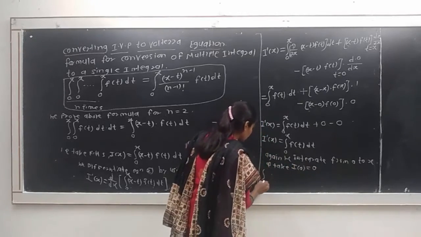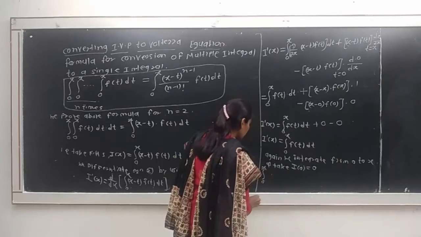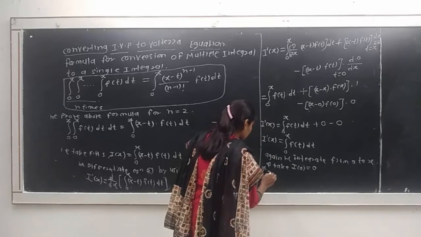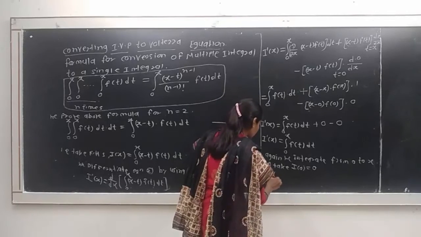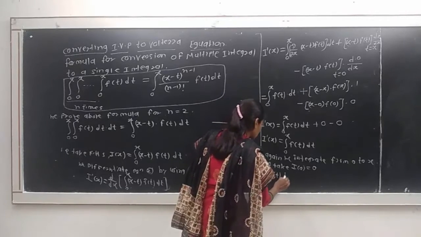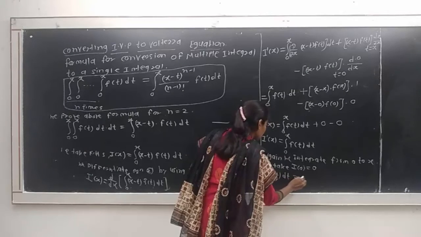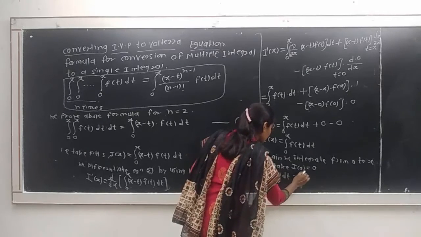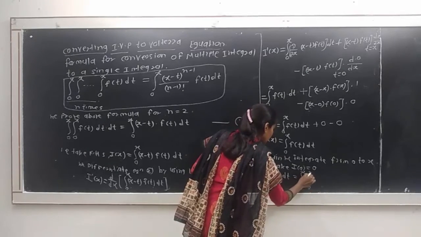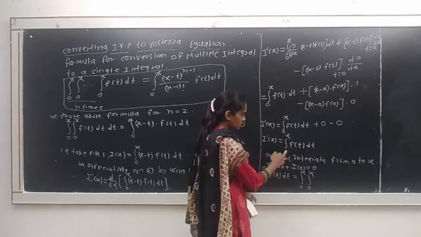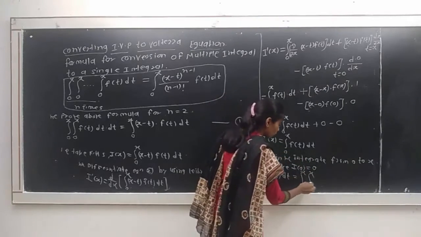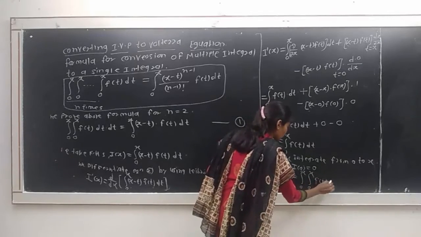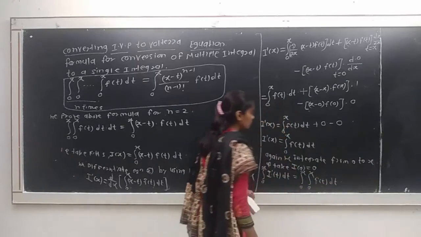We get here integration from 0 to x I dash of t dt, we consider here variable t, that is equal to integration from 0 to x, then integration from 0 to x, here this integration as it is, and next again we integrate from 0 to x of f of t dt.